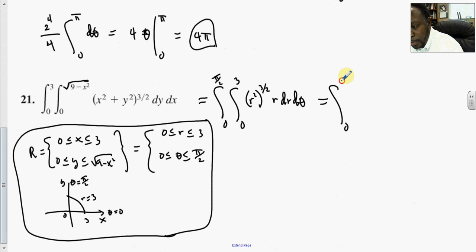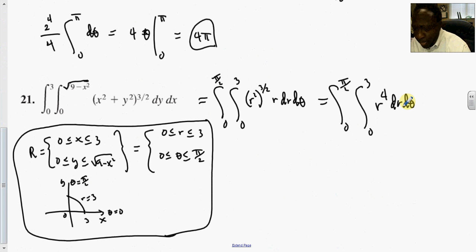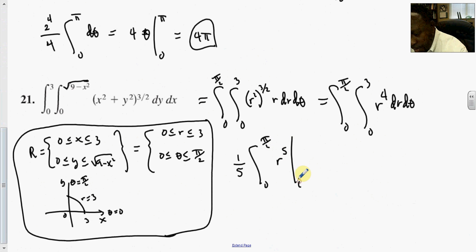So this is the integral from 0 to pi over 2, the integral from 0 to 3, and we get here r to the 4th dr d theta. So we integrate with respect to the r, gives us 1/5, the integral from 0 to pi over 2, and this is the r to the 5th, and r is evaluated from 0 to 3.